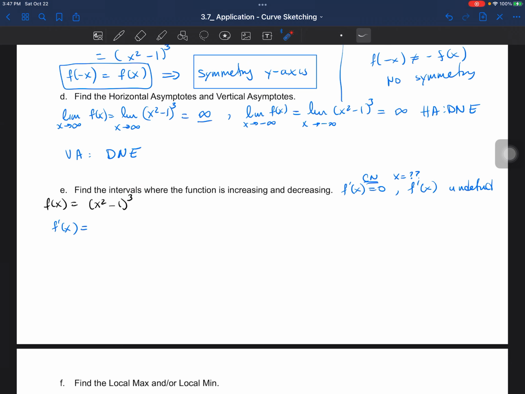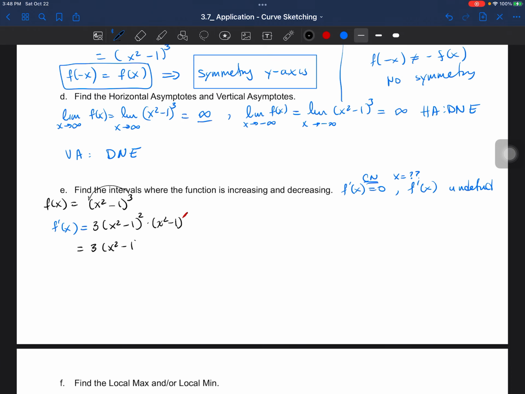Well, we have a function inside a function. You can clearly see here x squared minus 1 is the inside function, and the power function is the outside function. So we're going to use the chain rule, which means bring down the power, leave the inside as it is, remove 1 from the power, and then multiply by the derivative of the inside.